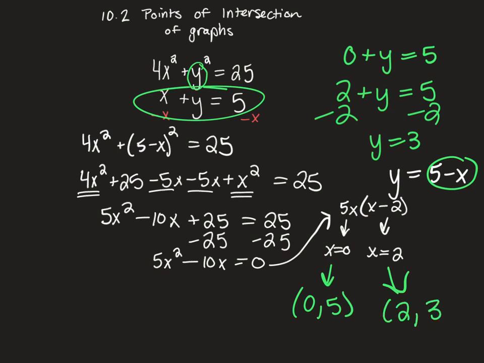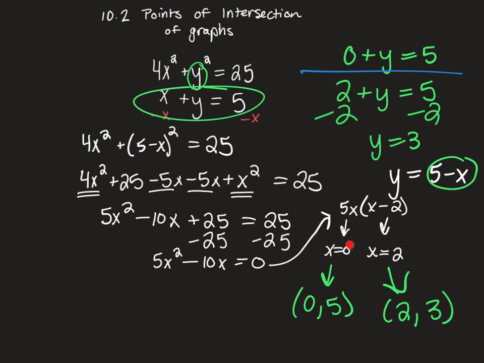All right, guys. Hold your horses. We have to take each value for x that we found and plug it in to find the corresponding y value for that point.